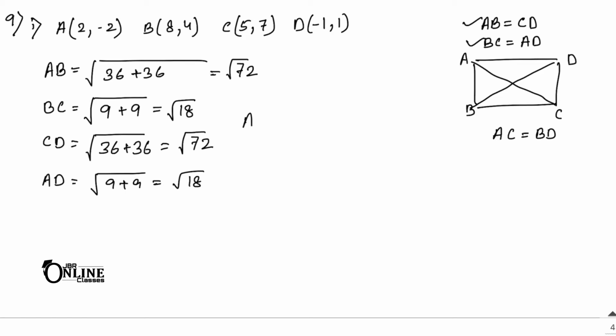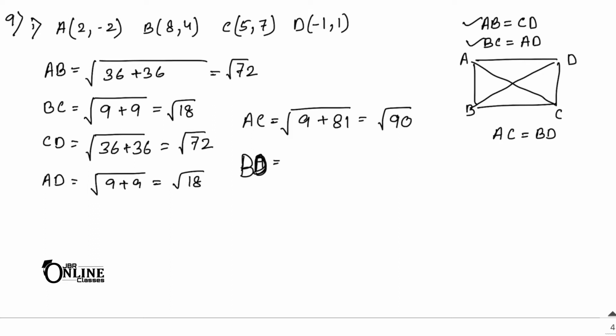Now you have to find out AC also. So in that case AC equals 2 minus 5, that means minus 3, so it will be 9. And the next one, minus 2 and minus 7, so it will be minus 9, so it will be 81. That means root over 90. And next BD or DB, anything.